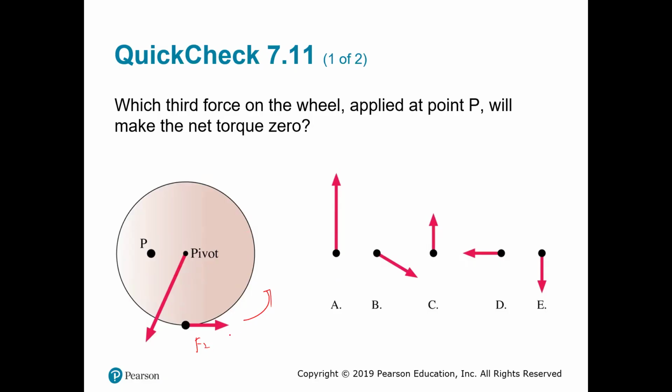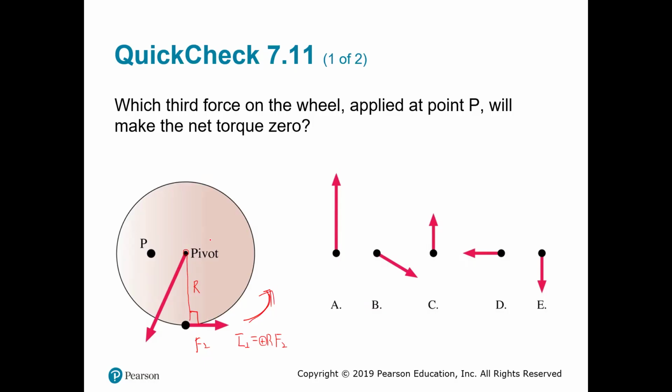And what is the magnitude of F2's torque? The magnitude of torque 2 is R, the distance from the pivot to here. Let's say the radius is R, so R times F2 times sine of the angle, but at this point the force is perpendicular, so you have the maximum torque. So torque 2 is simply R F2, and the sign is positive.